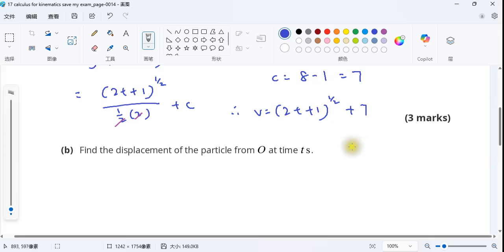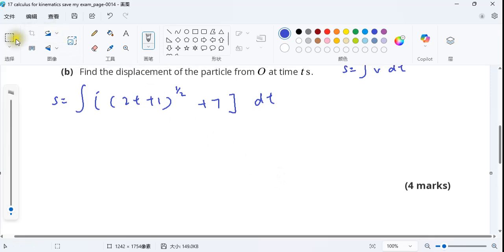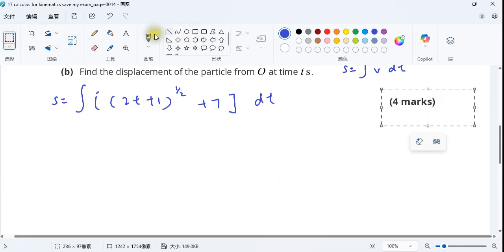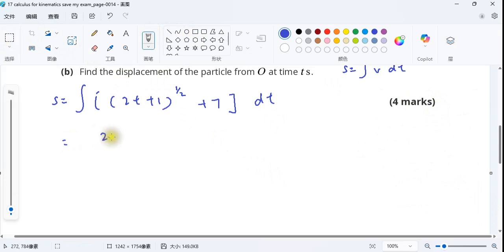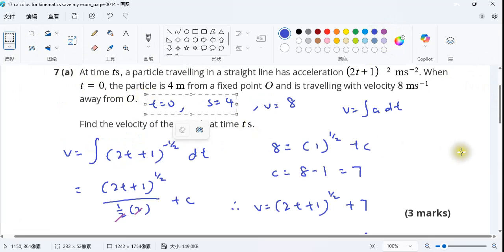Find the displacement. So we know that s is integrate v dt. So s is integrate of this 2t plus 1 to the power half plus 7 dt. So this is equal to 2t plus 1 to the power 3 over 2 over 3 over 2 times 2 plus 7t plus d. So we know that when t equal to 0, s equal to 4.